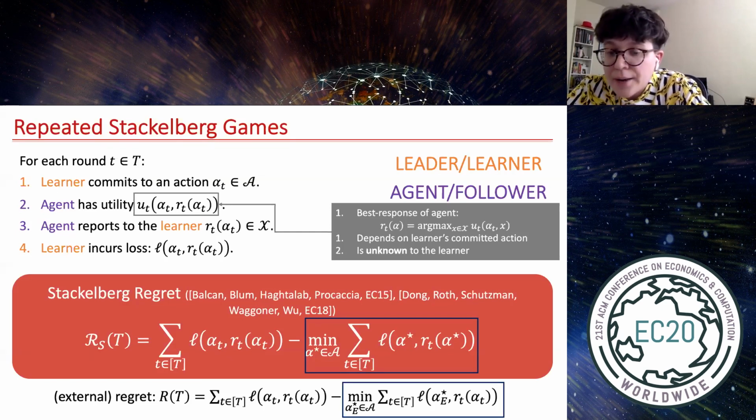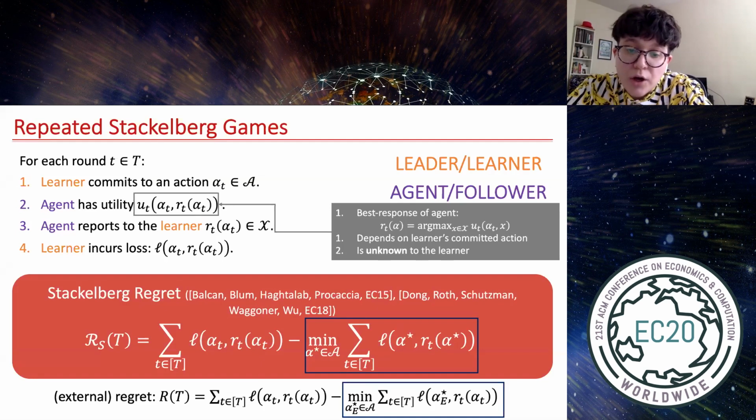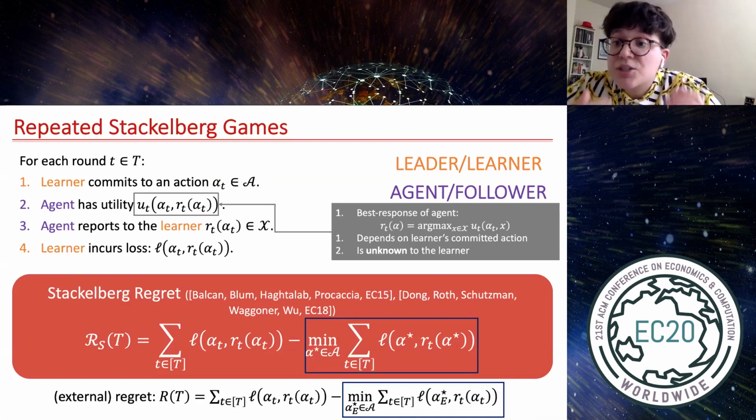And we saw a couple of details yesterday in the exercise session, namely that it's not as easy as we thought to just always minimize the external regret and try to achieve meaningful guarantees for Stackelberg regret, which imposes one of the great problems in repeated Stackelberg games, that this is the reason why you cannot apply standard online learning algorithms, and you need to do something that caters to the incentives of your agents. And Nika will tell us more about it for the setting of Stackelberg security games.